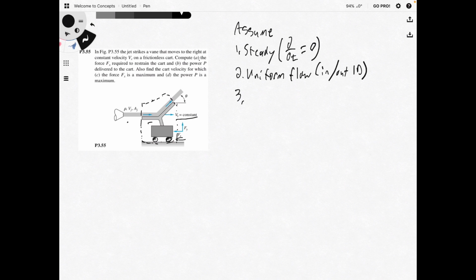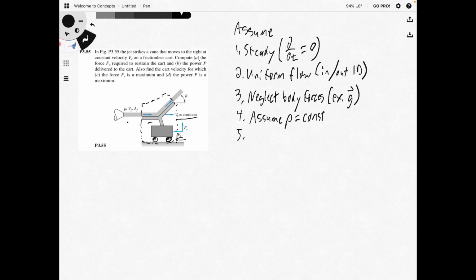Third, we're going to be neglecting body forces, so for example, that means g, we're neglecting gravitational force. Fourth, we're going to be assuming that rho is constant, or that we're incompressible.